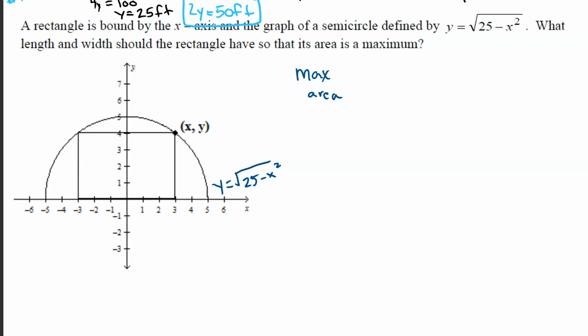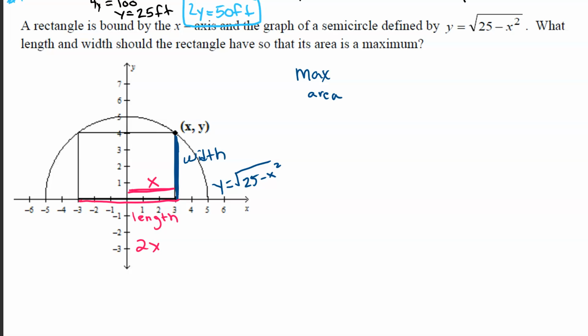So if we're looking at y being equal to this, that's going to be my vertical here. We can call that our width if we want. And then we need an equation for this bottom piece, or length. Well, if we're thinking about how far this piece is, that's x, so the whole piece is 2x.